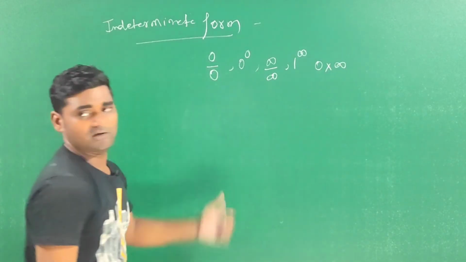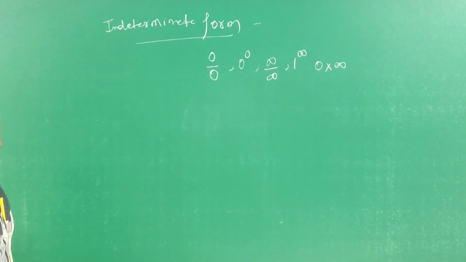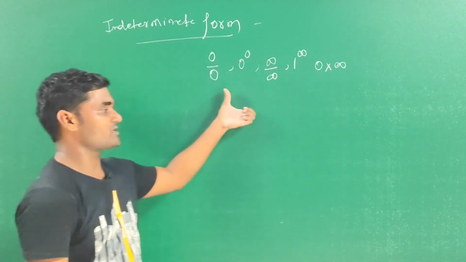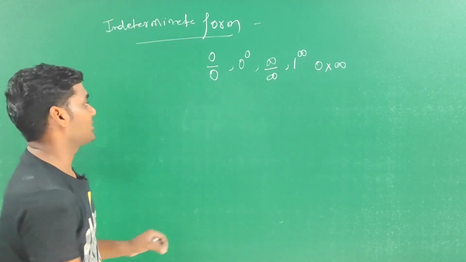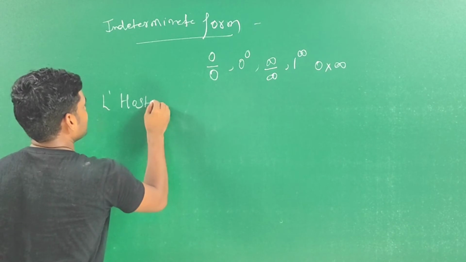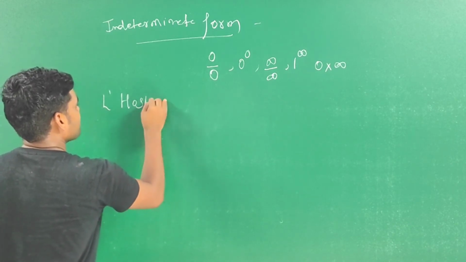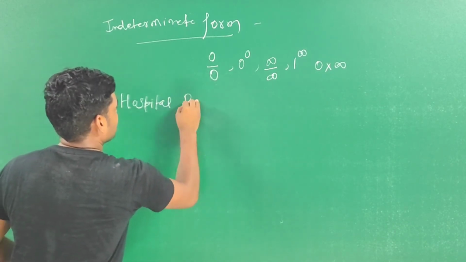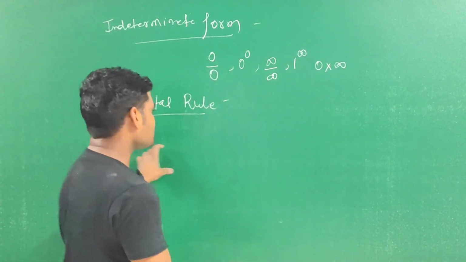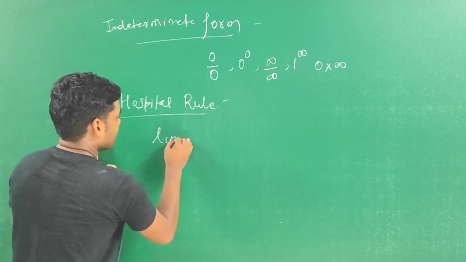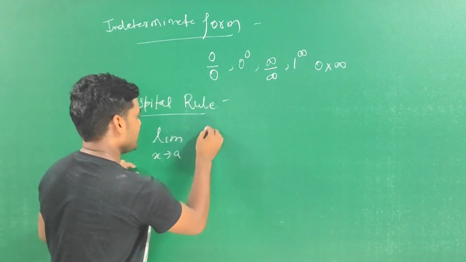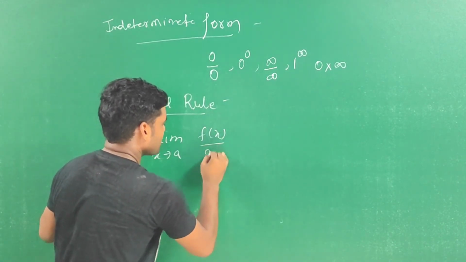These types of forms are called indeterminate forms. When it goes in a form like that, we use a method called L'Hospital method or rule, right? Suppose we have to find the limit as x goes to a of a function f(x) by g(x).